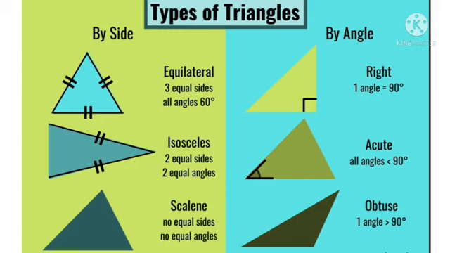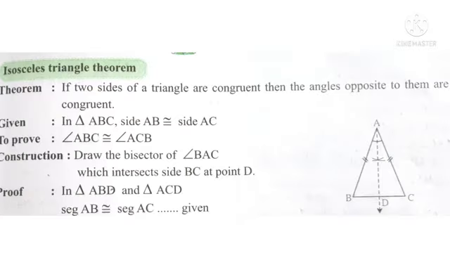Okay, so the 3 types are right angle, acute angle and obtuse angle. These are the types of triangle according to their sides and according to their angles. Okay, now see the isosceles triangle theorem.